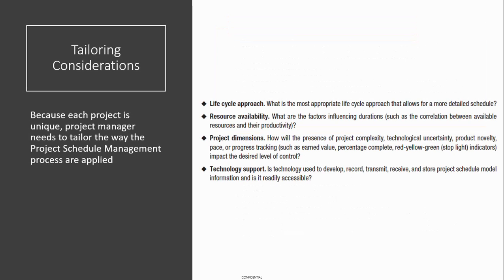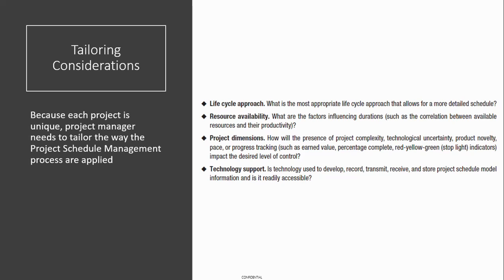Also, as a project manager, it is important to understand that each project is very unique, and each project has its unique features, so you will have to tailor the project schedule from project to project. These are some of the factors that have been identified that you as a project manager need to consider in tailoring the project schedule for your project.